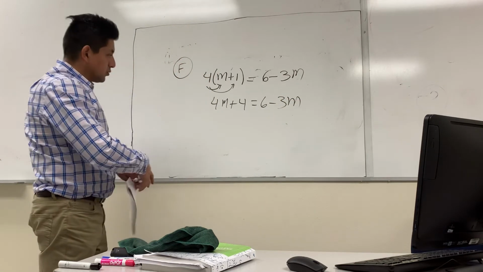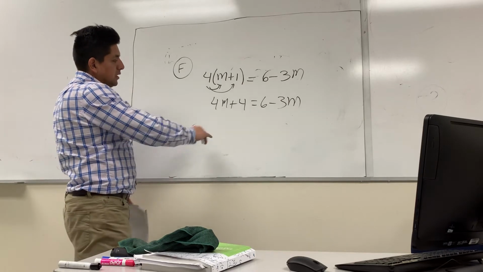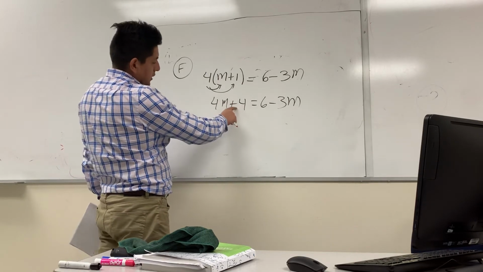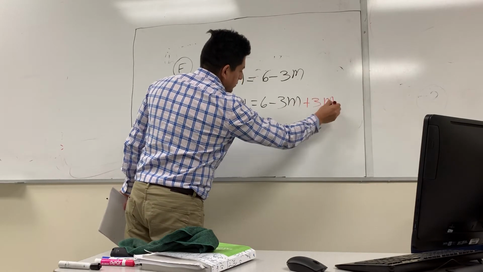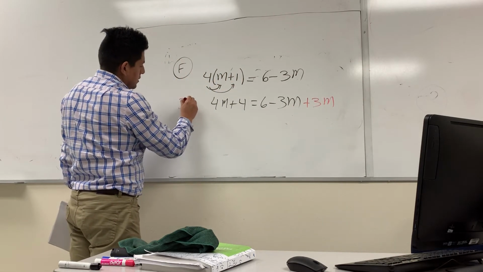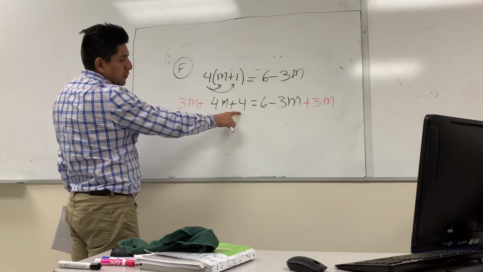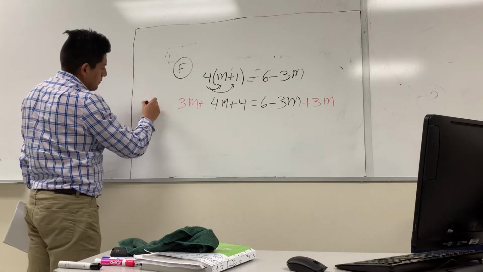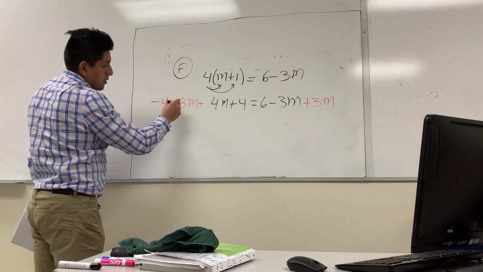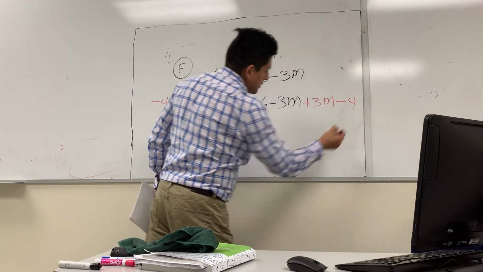I can add 3m to both sides and subtract 4 from both sides, so I can get rid of this 4. So I'm adding 3m to both sides. At the same time, I'm subtracting 4, so I can get rid of this 4 right here. Okay.